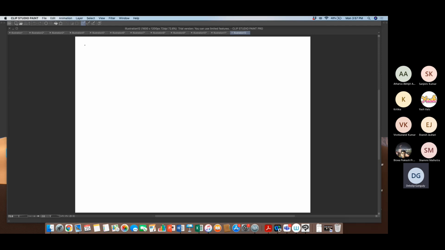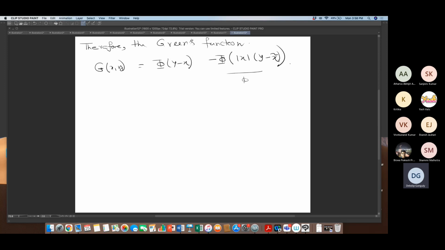Therefore you can compute explicitly the Green's function. The Green's function is given by G of x y equals phi of y minus x minus phi of mod x times y minus x tilde. Therefore the Green's function is given by this, because this is your phi x y.